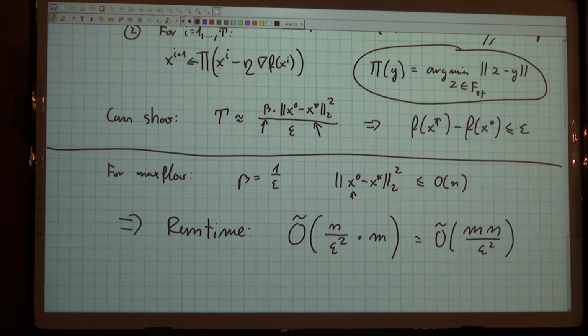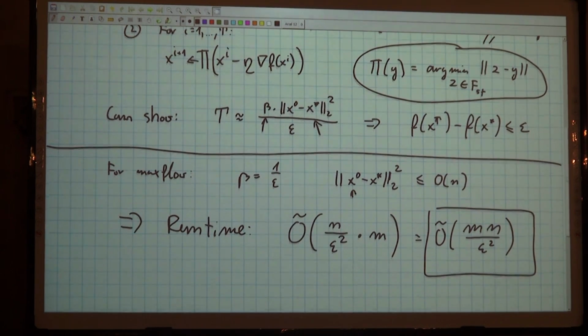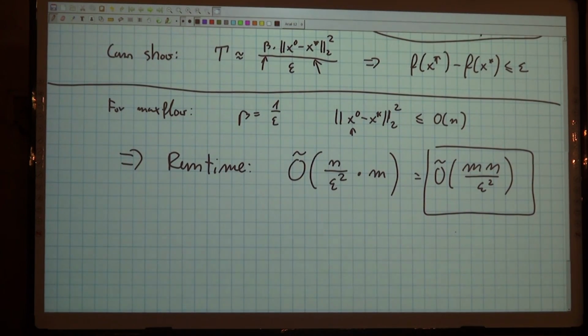Okay? So if we compare to what we actually know about max flow, this is not too impressive. The question now is, because we know that we can even compute max flow exactly in unit capacity graphs, for sparse graphs, in n to the 3/2. And here we have O tilde of n squared over epsilon squared.